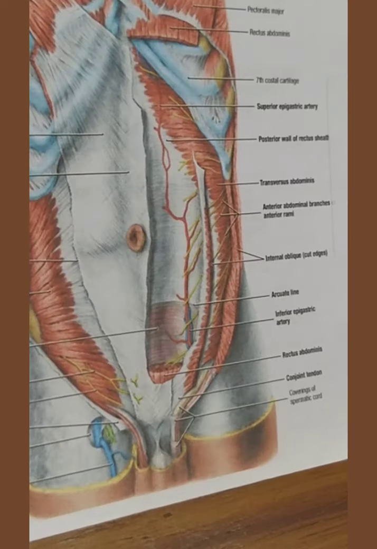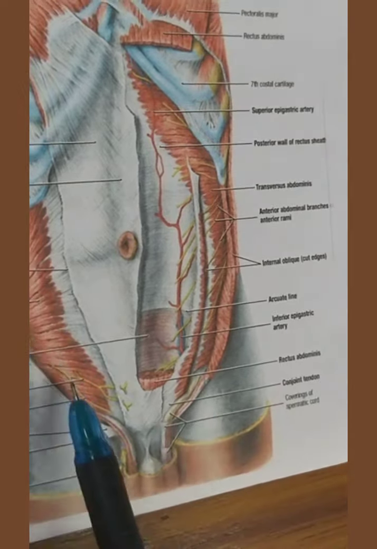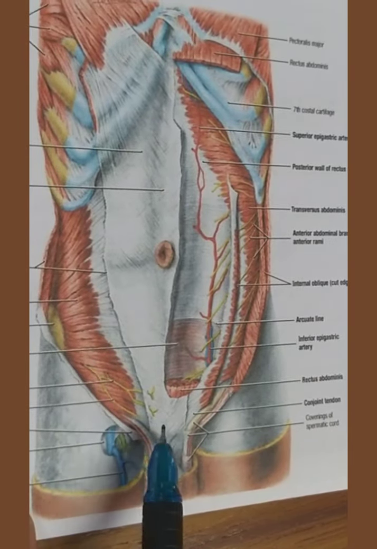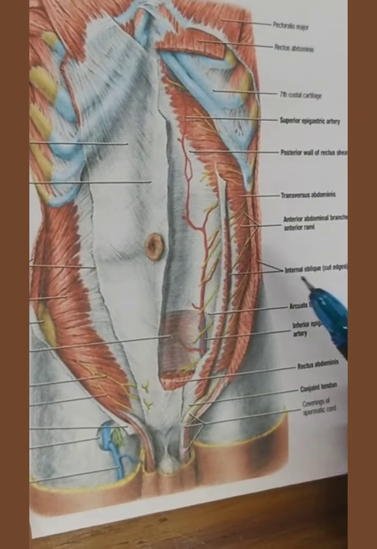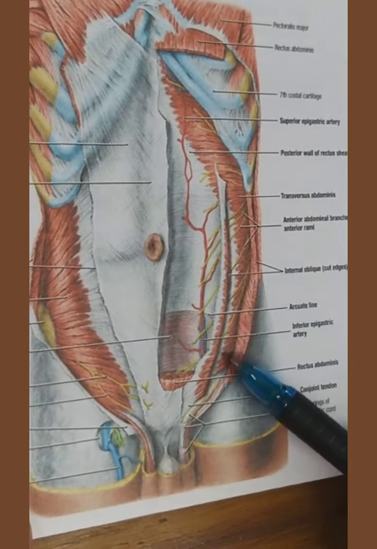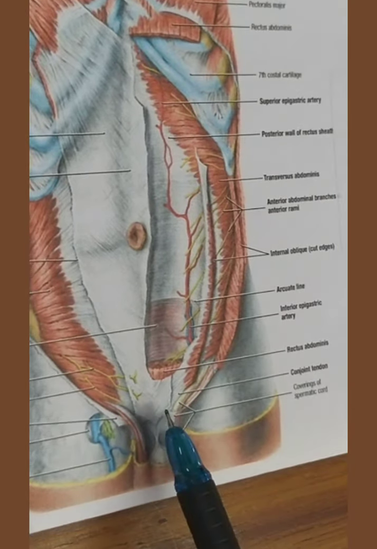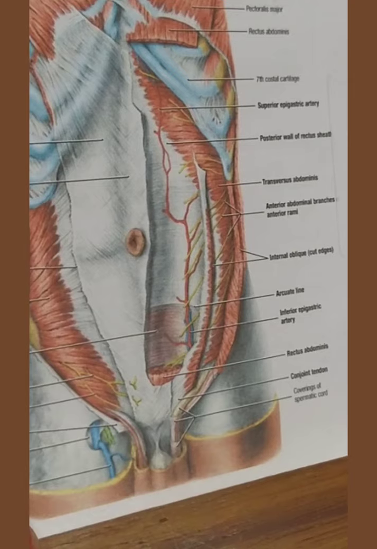The next layer is, not exactly a layer, the aponeurosis of the transversus abdominis and the internal oblique. This is the internal oblique muscle that is becoming aponeurotic here, and similarly the transversus abdominis muscle which is becoming aponeurotic towards the linea alba here.